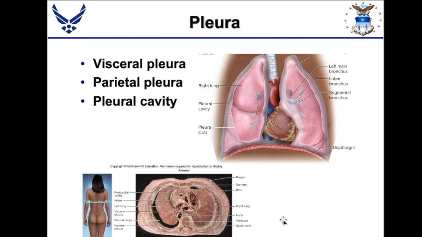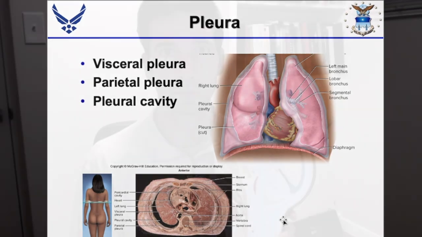It's a negative pressure, so as we expand the lungs, the two pleura are stuck together, and so as the rib cage enlarges, the lungs will enlarge, creating a negative pressure on the inside. Additionally, there's some lubrication between the two pleura. This allows for our lungs to effortlessly slide as the chest cavity enlarges.